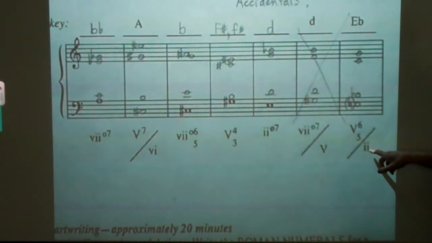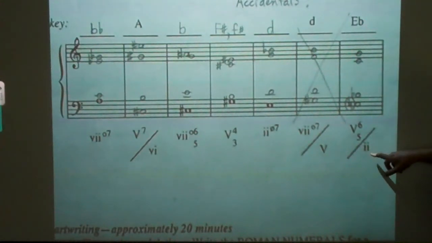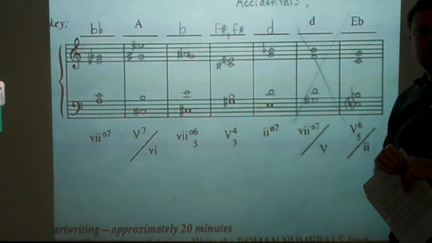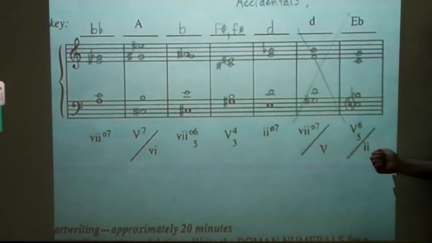Let's find the root of the 2 chord first. The 2 chord does normally belong in the key of E flat, so a 2 chord in E flat major would have a root of F. That's the 2nd scale degree. This is an F minor chord. What is the dominant pitch of F?